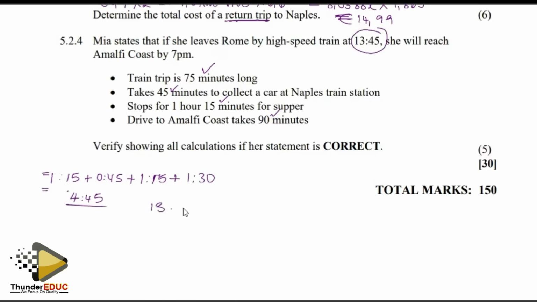We shall say 13:45 plus 4, 45. 45 plus 45, you get 90. So 90 will remain with 30, and you take the 60 aside to make a full hour. 1 plus 3, 4, 4 plus 4, 8. And the claim, or the statement is correct.